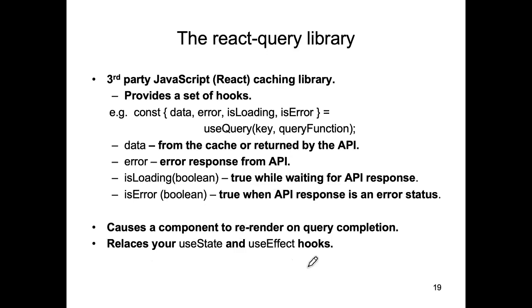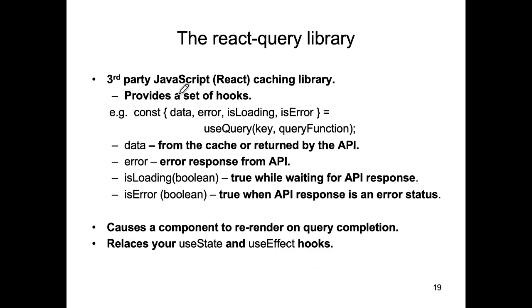Now enter a third-party library called React Query, and this library implements caching for React apps. It's actually very easy to use, arguably, I suppose. What this library provides us with is a set of hooks. So it's very up to date in that sense.